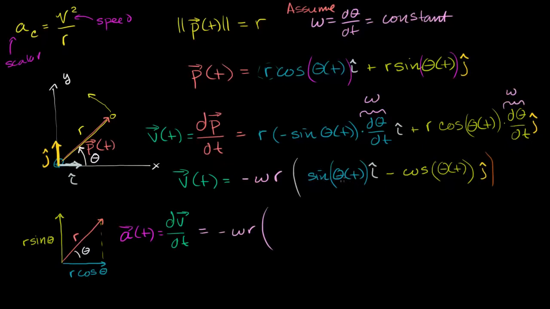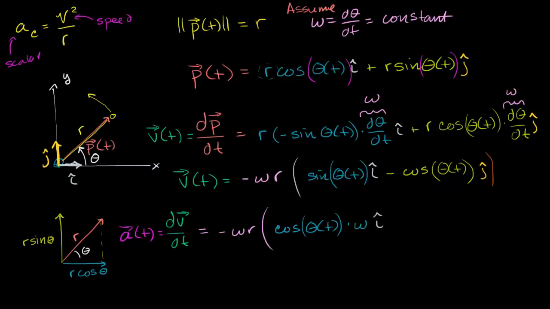The derivative of sine with respect to theta is cosine of theta, so we get cosine of theta of t. And then, chain rule, we also have to multiply that times the derivative of theta with respect to t, which, once again, is just omega. And that's, of course, in the i direction.